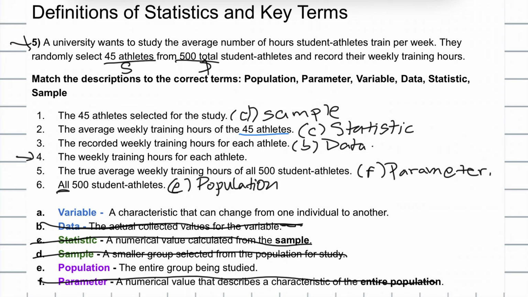It's a little more general than data. Data is an actual value, right? So therefore I would say this is our answer, and this is going to be for variable.